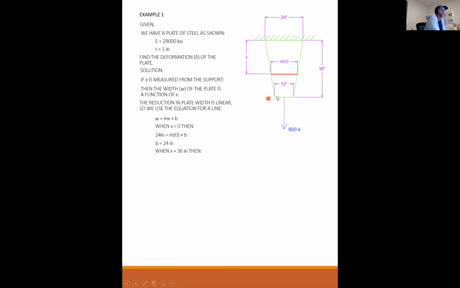And when X equals 36 down here, W equals 12, and B is known to be 24, I can solve for M. M is equal to minus 12 over 36, which is minus 1/3. And so W as a function of X is minus 1/3 X plus 24.